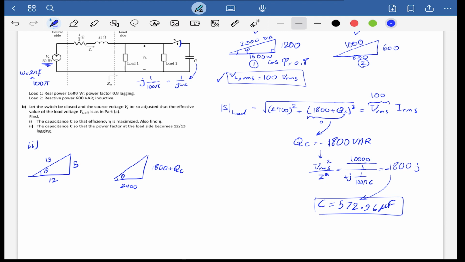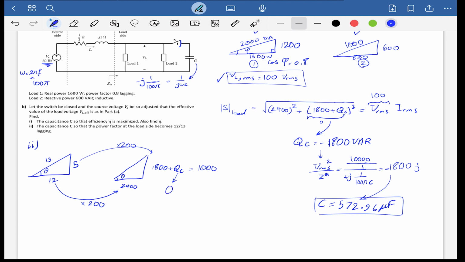Note that this Q of C and the previous one are different. The real power won't change, but the reactance and the apparent power will change. This is multiplied by 200, so this should also be multiplied by 200, which yields 1000, right?